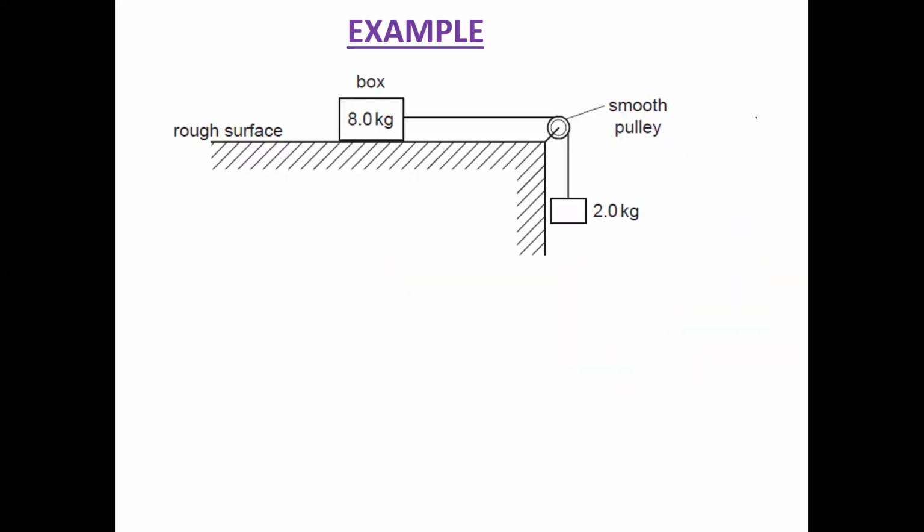An 8 kg mass is resting on a rough surface. What's the meaning of rough? Does it mean friction is there or friction is not there? Friction is there, sir. A 2 kg mass is hanging. And what is the meaning of the word smooth pulley?